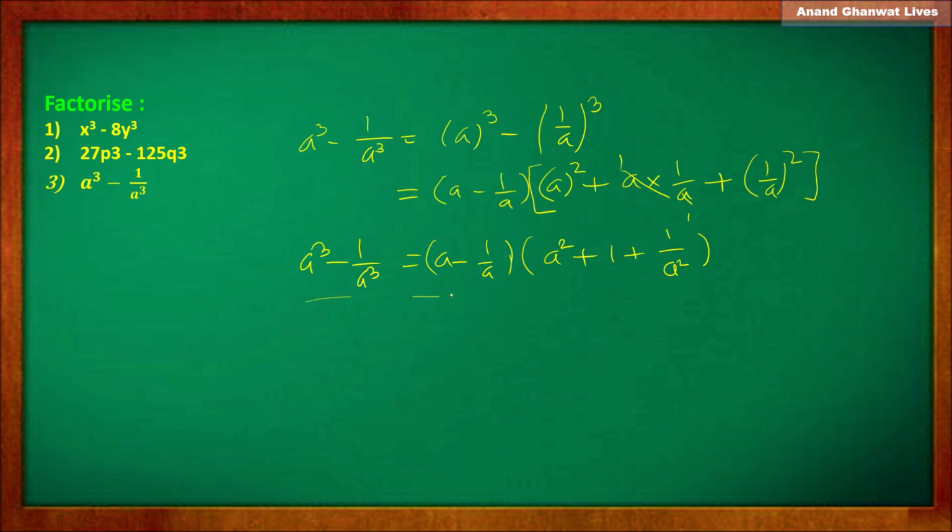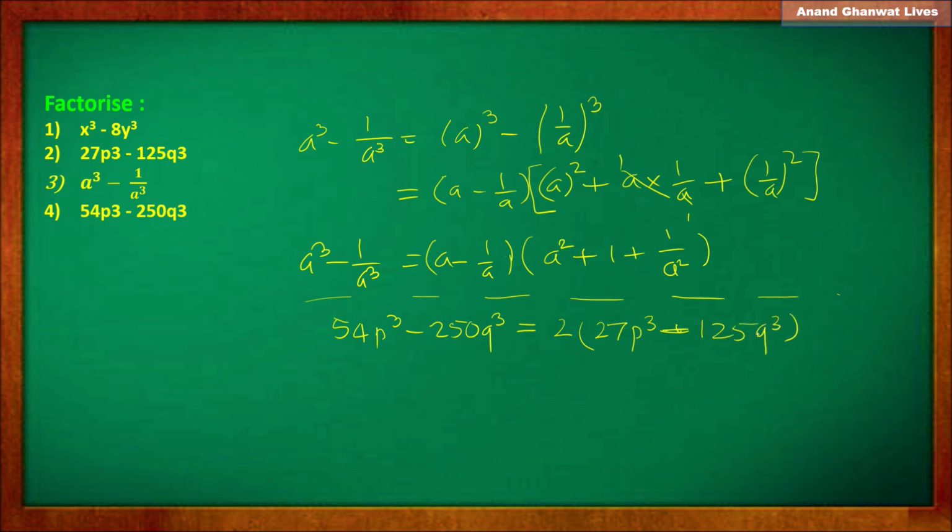Okay, now next we have to solve fourth example, and fourth example is 54p cube minus 250q cube. Let us take 2 as a common factor. 2 into bracket 27p cube minus 125q cube. So it is equal to 2 into bracket cube of 3p minus cube of 5q. Now factorize cube of 3p minus cube of 5q.